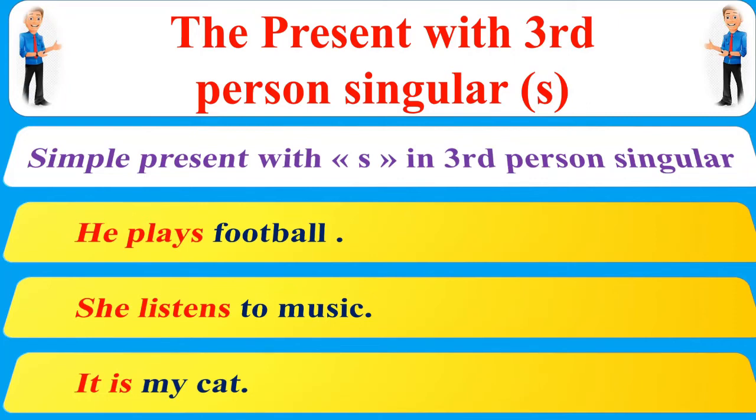So عندنا هنا الفعل في صيغته للإنسان أو الجماد في الشخص الثالث. مثلا he or she or it دائما نضيف إلى الفعل حرف الأس.